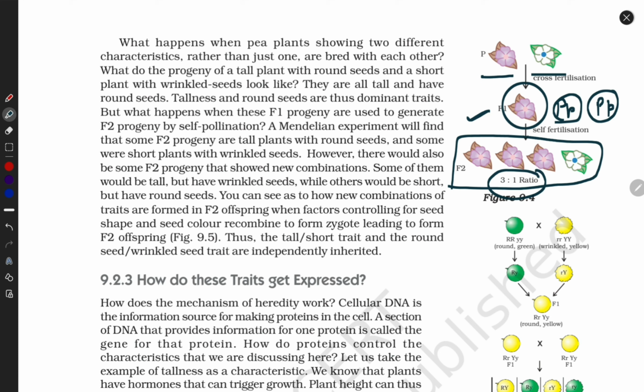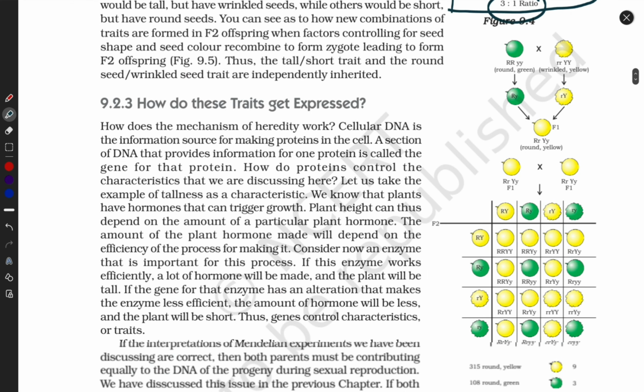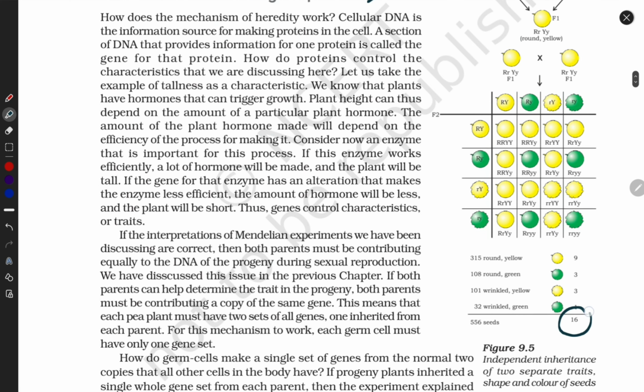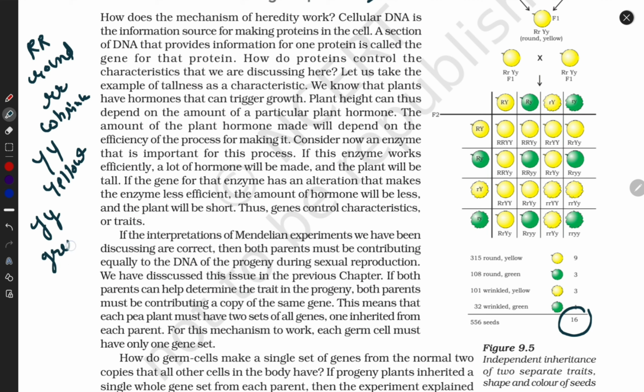Okay guys, next we studied the dihybrid cross. We take double characters, round plus green and wrinkle plus yellow. Then we found this kind of ratio. Capital R indicates round, small r is wrinkle, capital Y is yellow, and small y is green.